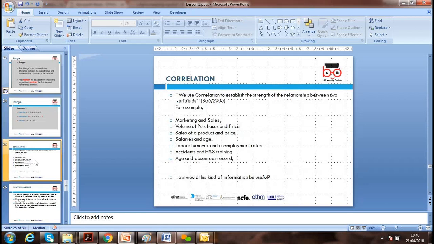We use correlation to establish the strength of the relationship between two variables. Marketing and sales: if we are spending a lot of money on marketing, like advertising, we are expecting our sales will be higher as well.